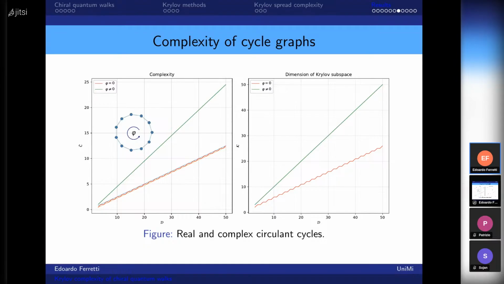So, short answer, no, I didn't. But of course, this is a very scalable type of work, which can be made arbitrarily complex. But if I had to guess, I don't think they would go above this bound, because this bound is already given by a Krylov space which is maximal, which is all the Hilbert space.